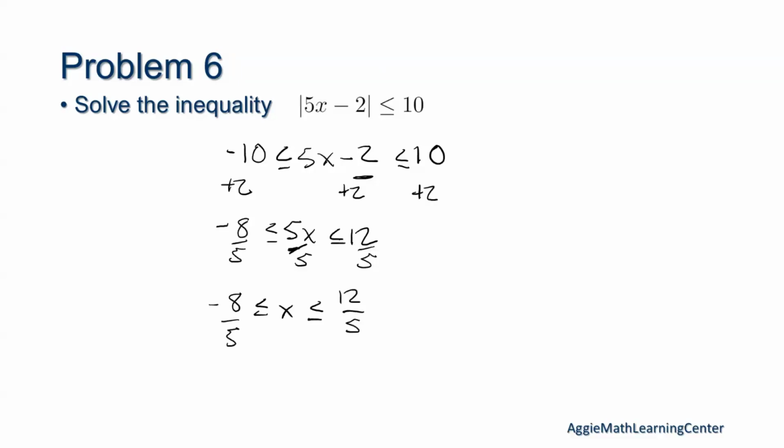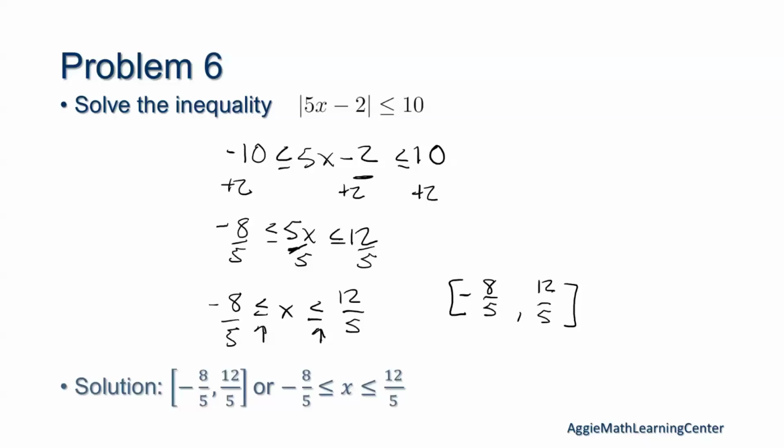And then if it wants it in interval notation, since we have less than or equal to signs, that indicates that we're going to use a bracket. So we have a bracket, -8 over 5 to 12 over 5. Okay, let's double check that. Awesome. Do you have any questions on that one?